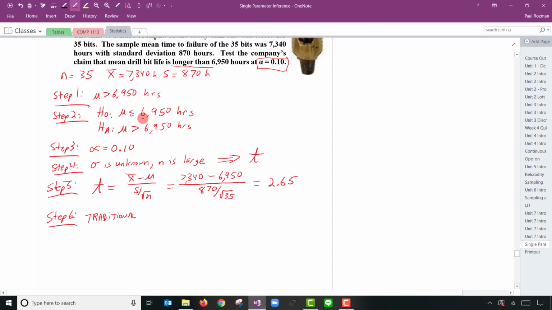So values of even a weird value like 5 hours wouldn't disagree with this null hypothesis. The only way we would disagree with this null hypothesis is for values that are much larger than 6950. So this ends up being a right-tailed test. Basically, look at the alternate hypothesis and check which way it's pointing. HA points to the right.